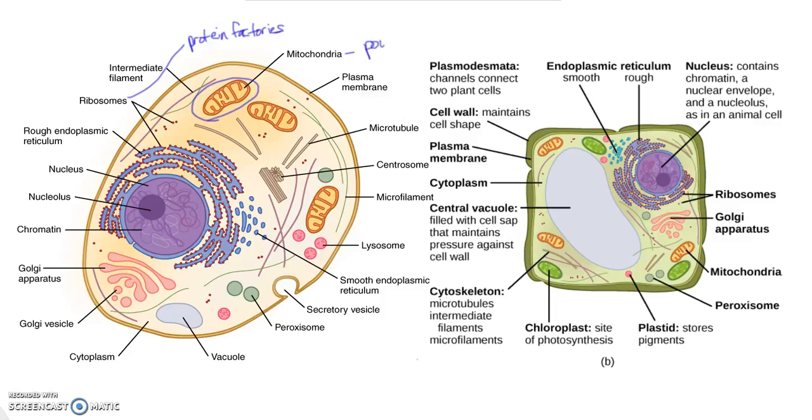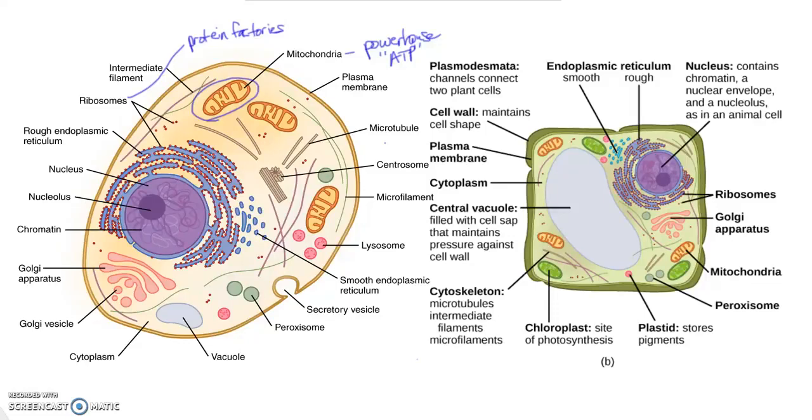We can think of it as the powerhouse organelle. That's because its job is to make ATP, which is like the energy currency for the cell. If the cell wants to move a molecule, if the cell wants to produce something, it needs ATP. It has to spend ATP to do that. Just like if you want to put gas in your car or to buy food, you have to spend money.